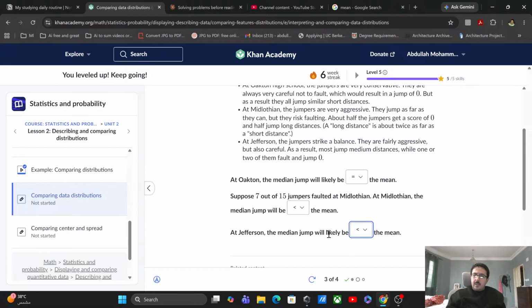So the median jumper will likely be less than or equal to the mean. What do you mean, equal to the mean? I got two faults. And the mean is, like we said, you take them all and divide them by how many? 12.